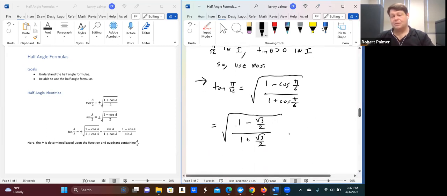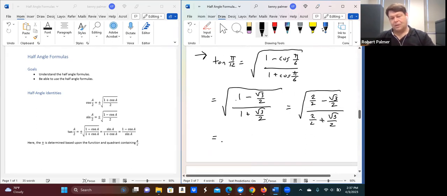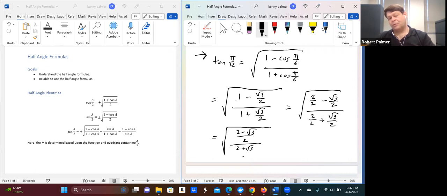Now once again, we want to simplify this, in a very similar way we did before. So you need a common denominator in both cases. We want to combine our numerator and denominator here. That common denominator is going to be 2. So 1 is 2 over 2. So 2 over 2 minus the square root of 3 over 2, and then 2 over 2 plus the square root of 3 over 2. If we combine those, at the top we have 2 minus the square root of 3 over 2, and then we have a lower fraction, 2 plus the square root of 3 over 2.